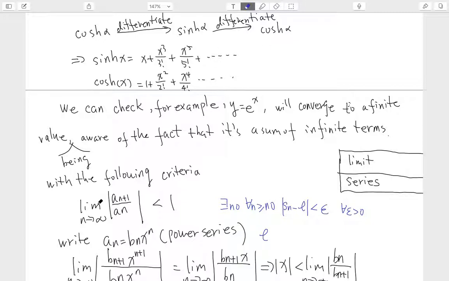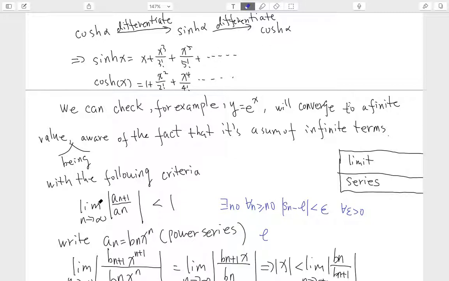If there exists an n0 such that for all n greater than or equal to n0, the absolute value of s_n minus L is less than epsilon, for all epsilon greater than 0, then L is called the limit of the sequence. Here's the definition for the limit of a sequence.